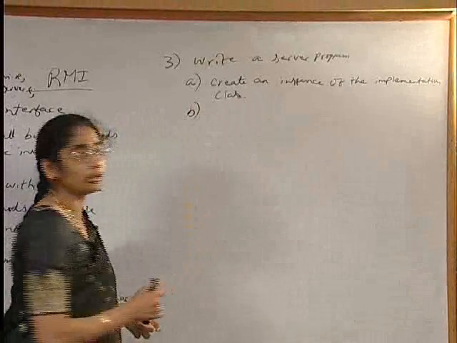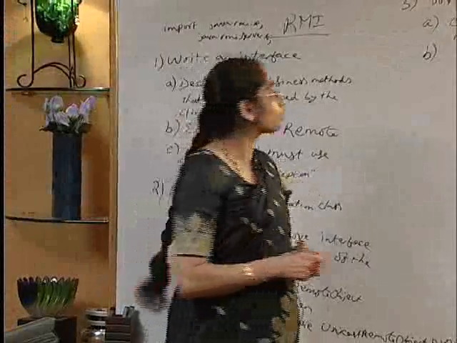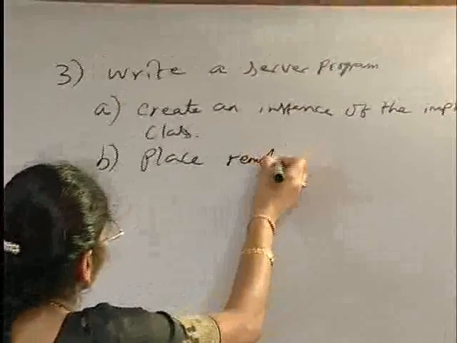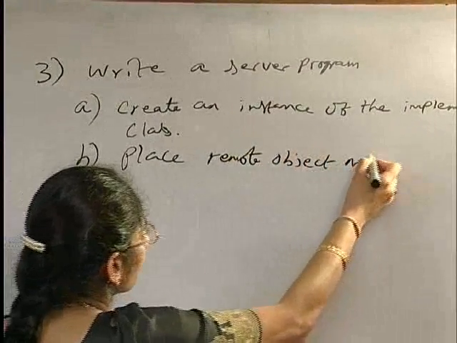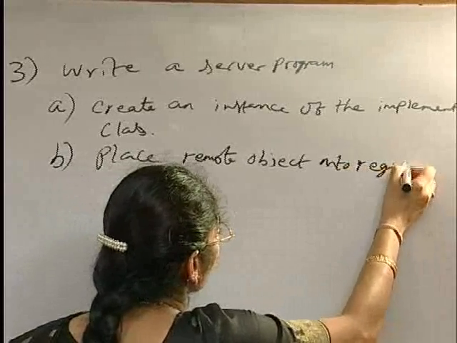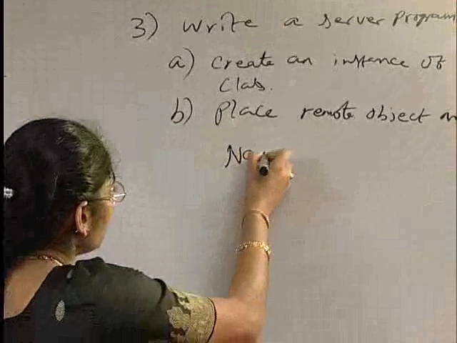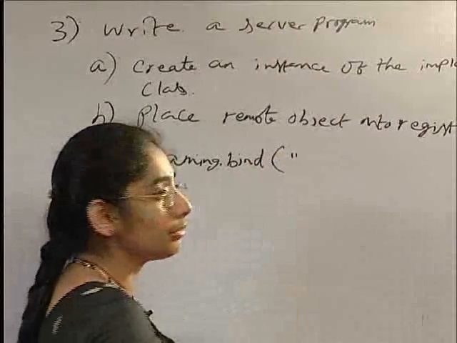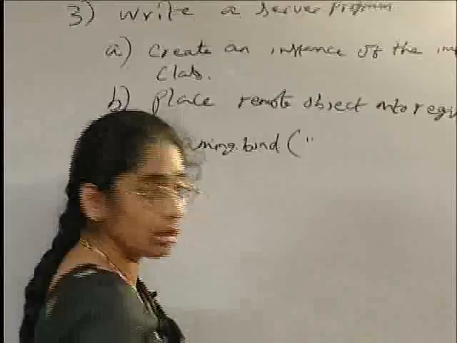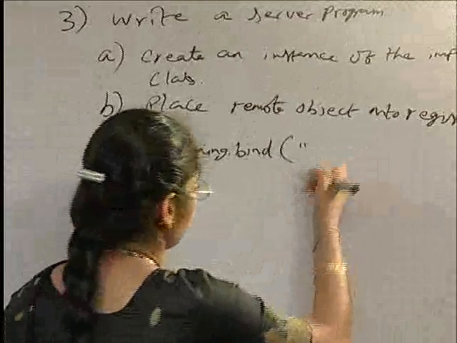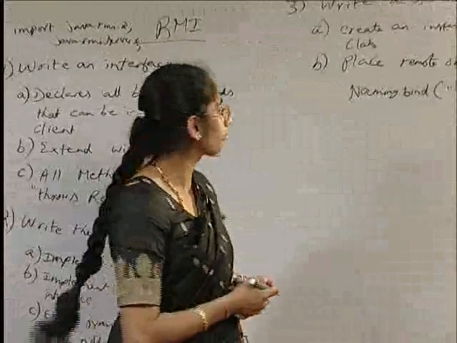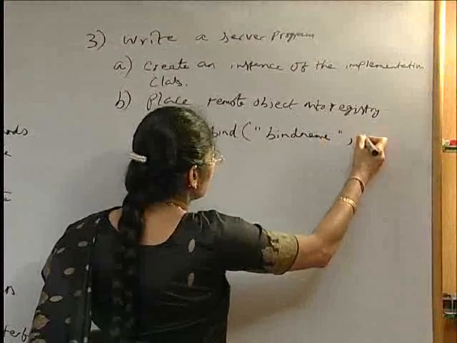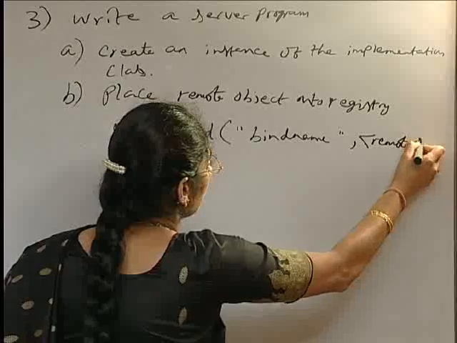Now, you need to place this remote object onto the registry. To place a remote object onto a registry, you invoke Naming.bind, which takes as a string the URL where the object has to be bound, that is, the bind name, comma, the remote object itself.